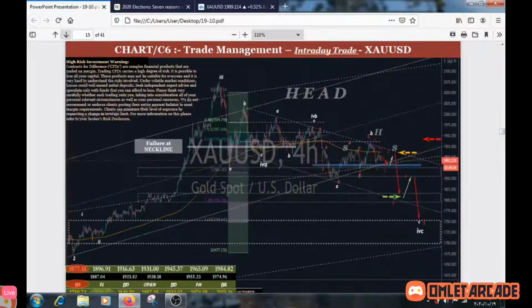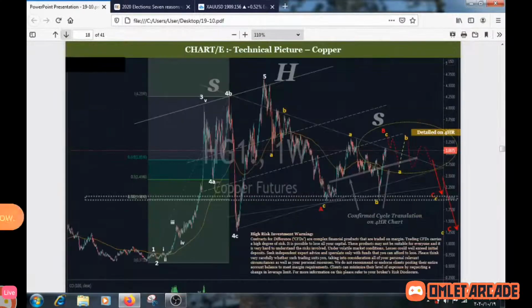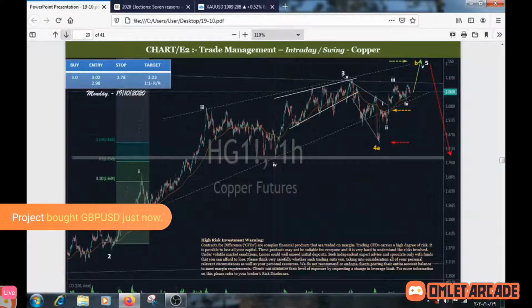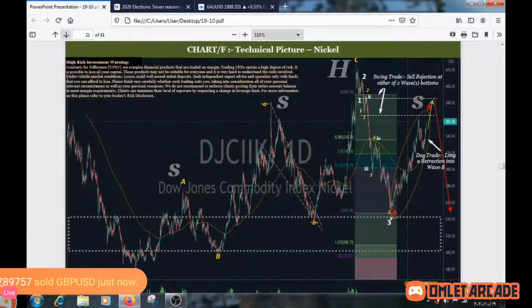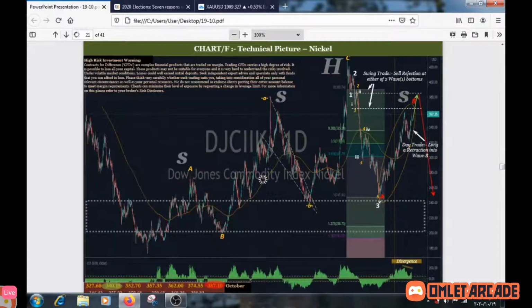Okay, so there's a question regarding nickel. We can do that. Alright, so this is what we're saying with nickel. Okay, this is the Dow Jones Commodity Index for nickel.